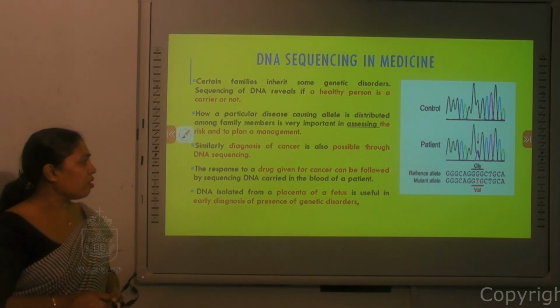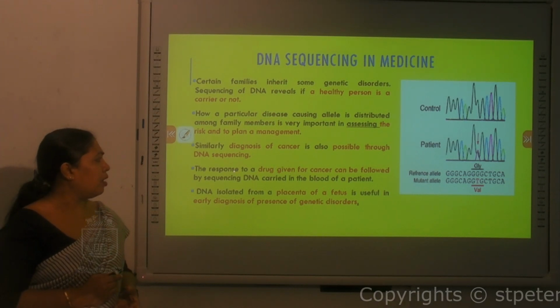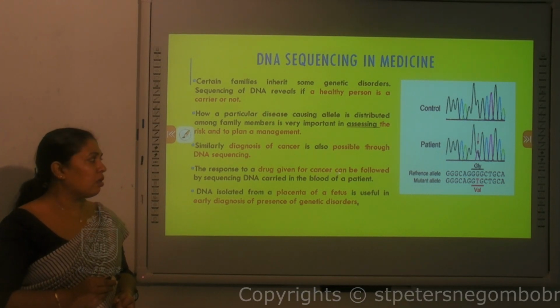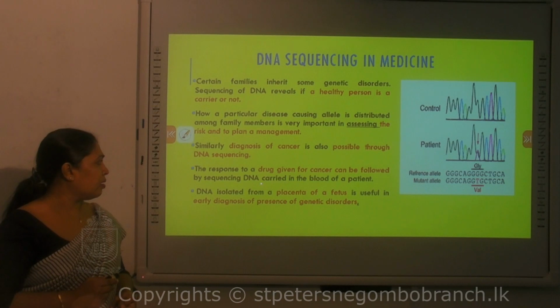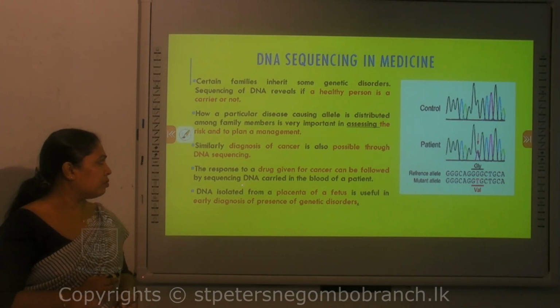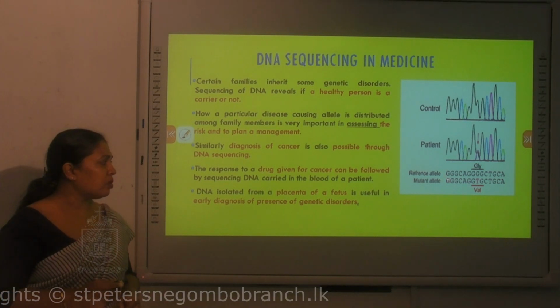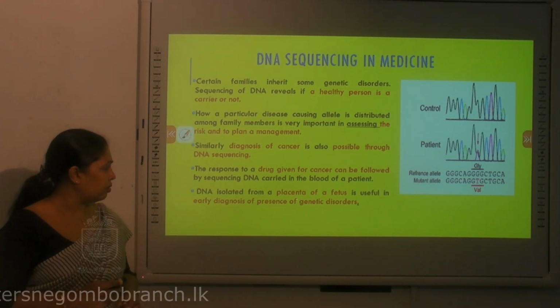And we can diagnose cancer also in a similar manner, and we can follow the drugs given to cancer patients using DNA sequencing. We can see whether the mutant alleles in the DNA carried in the blood of the patient are increasing or decreasing.